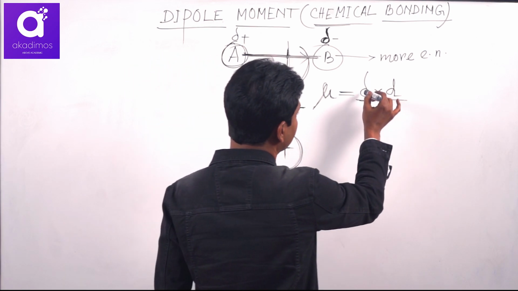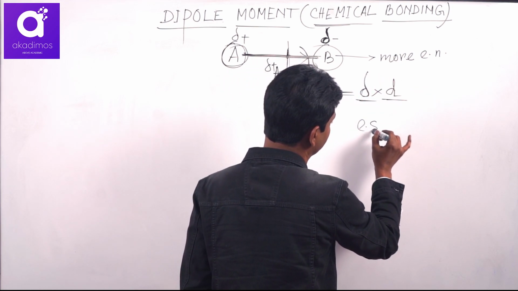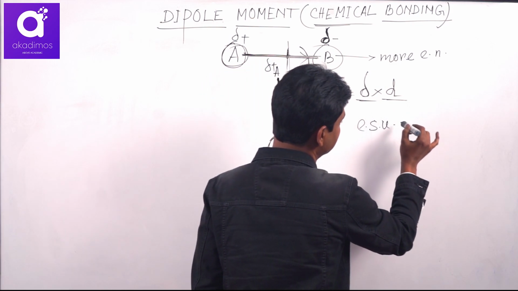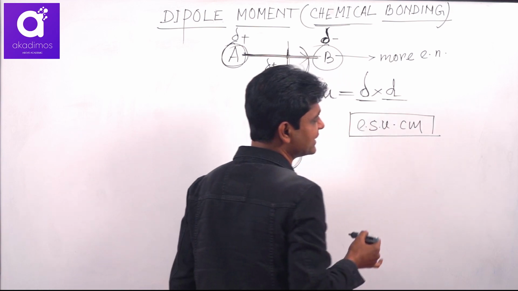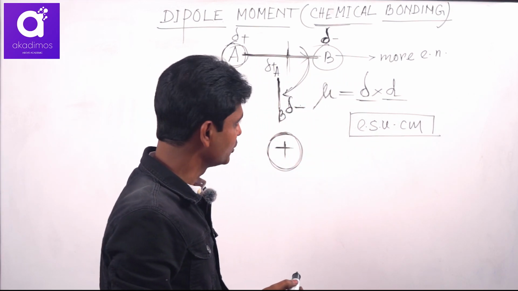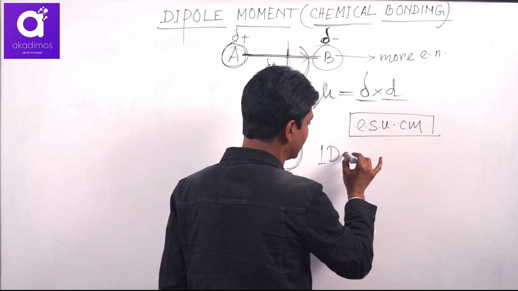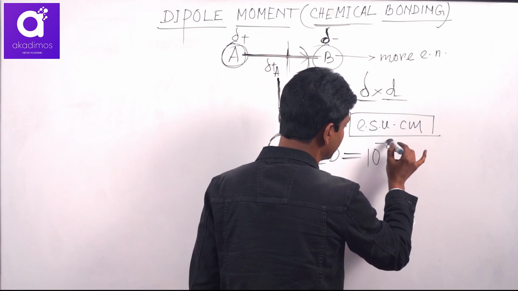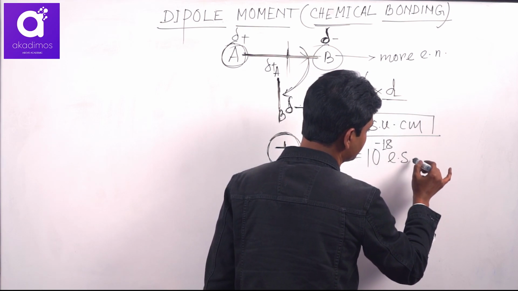Now if I express the charge separation in ESU and the bond length in centimeters, that is the CGS unit of dipole moment. A common unit of dipole moment is the debye. Remember, one debye is equal to 10 to the power minus 18 ESU centimeter.